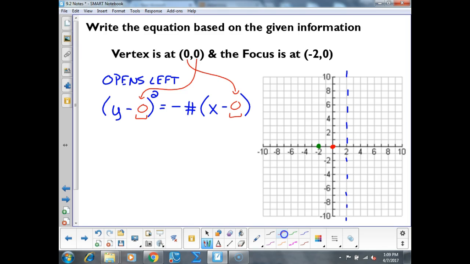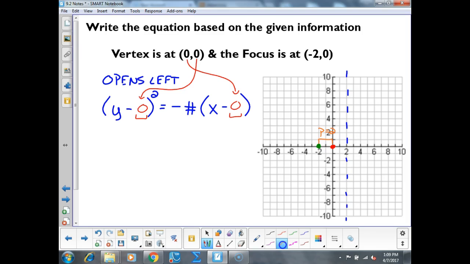What do you got, Saint? 2 is P. Because P is a distance, so it's got to be positive. So this right here is my P, which is 2.